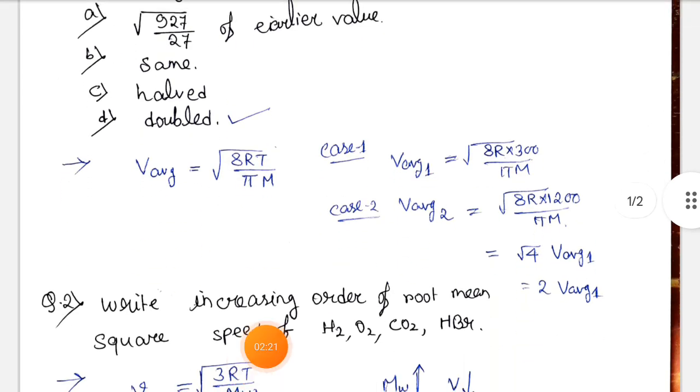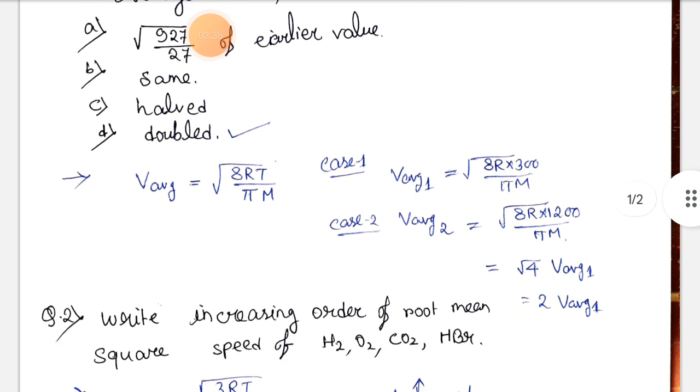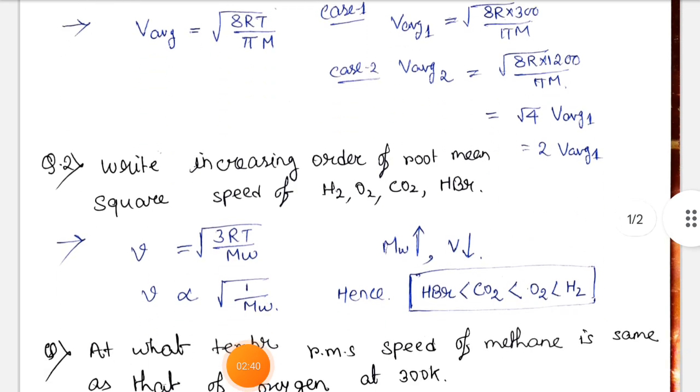So V average 2 is equal to 2 into V average 1. So the velocity is doubled. At first you should solve it by yourself, then if you can't, you see the solved paper.